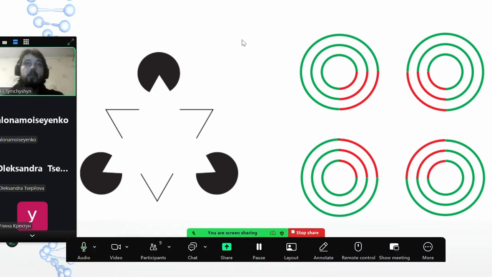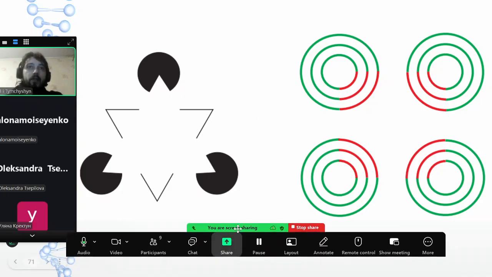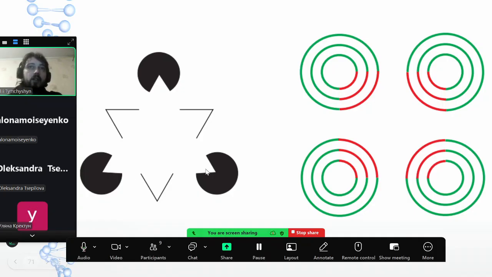Just a few more images for us to show that when some parts of the image are missing, our brain is still able to process everything and give us some general picture that involves even the missing parts. So probably on the left you are able to see a white triangle. I guess you should be able to see that.